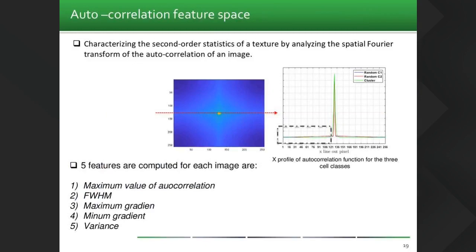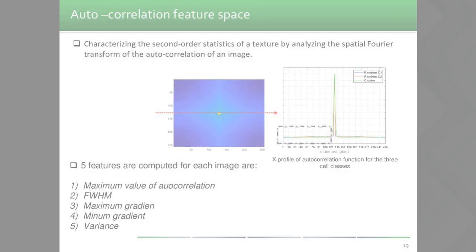For autocorrelation, we can calculate the autocorrelation function of an image by a spatial Fourier transform, and then we can take the X profile as shown here. We can take this profile, and we will have for the three classes such graphs or X line-out profiles.